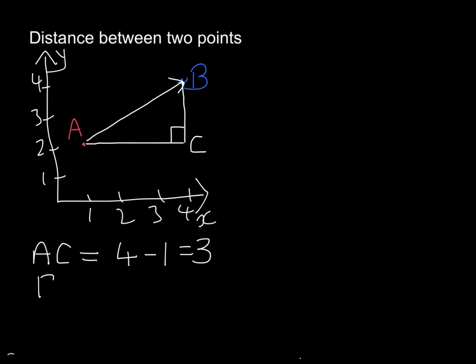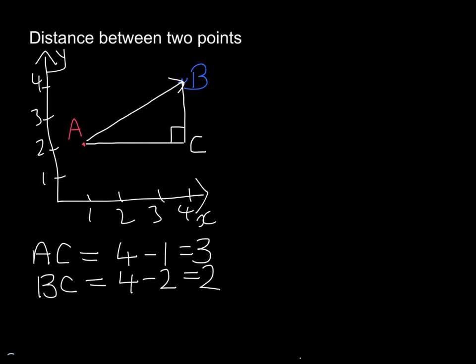The distance BC is simply the difference in the y coordinates, which is 4 minus 2, which equals 2.